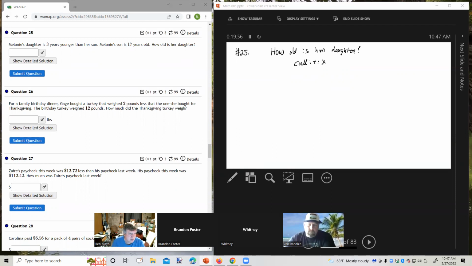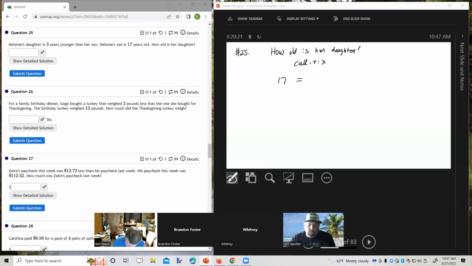Melanie's daughter is 3 years younger than her son. Melanie's son is 17 years old. So Melanie's son is 17, but the daughter is 3 years younger than her son. If the daughter is 3 years younger, then the son would be 3 years older than the daughter.